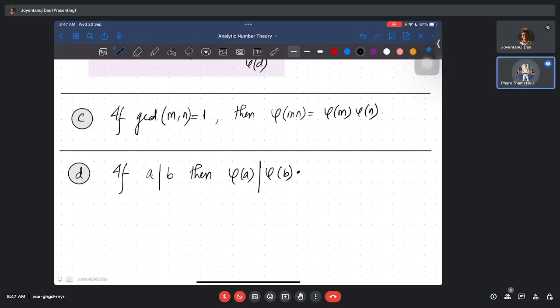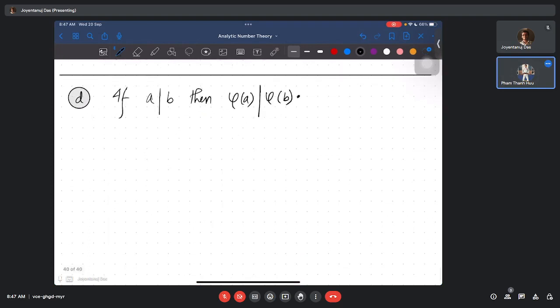From the definition, we give the definition of phi of a and phi of b. But how will you show that it divides? We'll use the product formula.